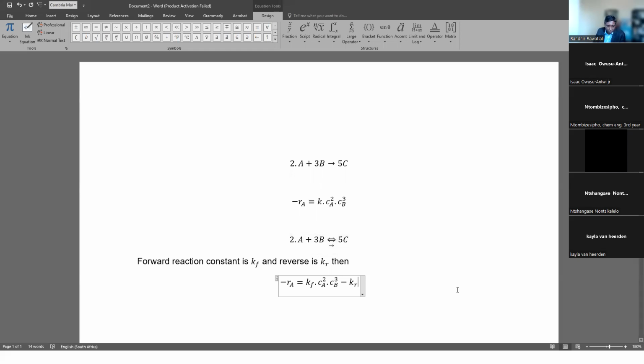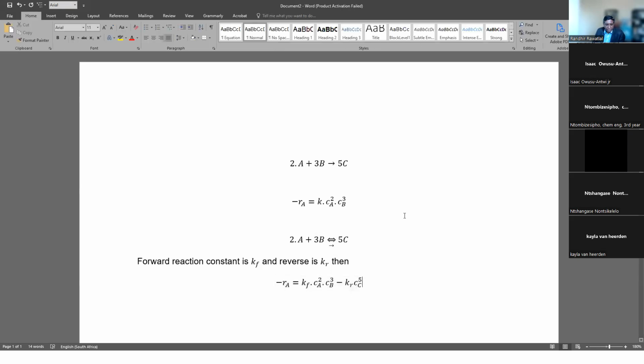So we are going to say here CC raised to the power of 5, right? So that's how we get the rate expression. We call these reaction rate expressions.